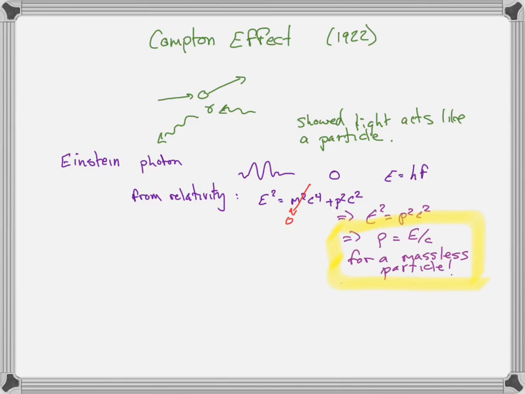And what Compton was able to show is that indeed, when you collide a photon with an electron, it acts like a particle with a momentum, E over C. Pretty cool.